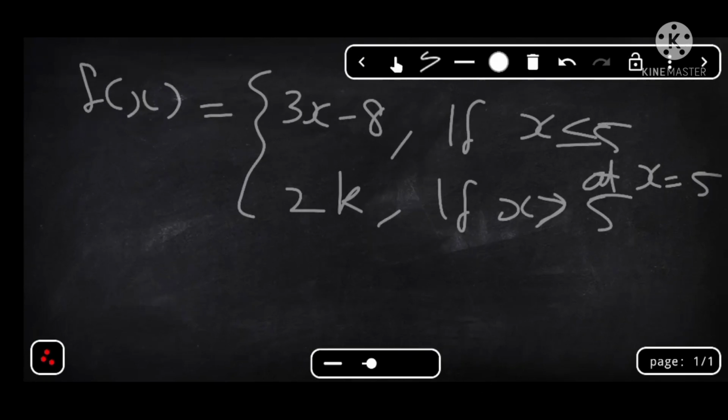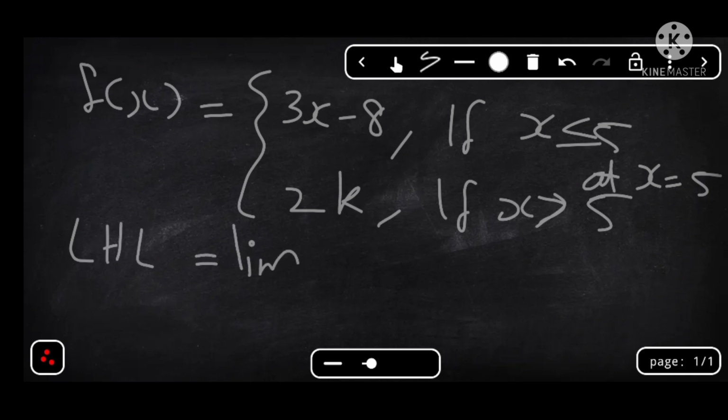Let's see our next problem. f of x is given as two functions. Here we have to check the continuity at x equal to 5. First of all, let's check the left hand limit.